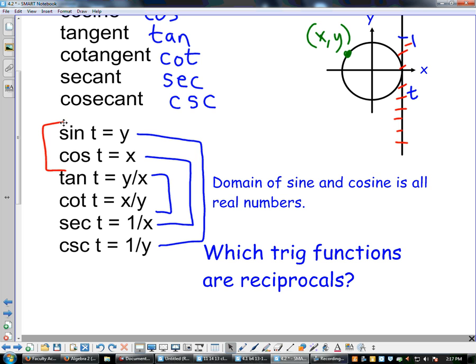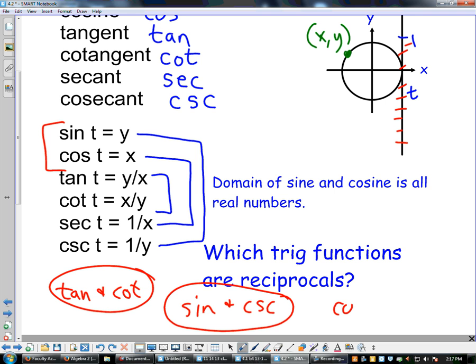So we said tangent and cotangent are reciprocals. Sine and cosecant are reciprocals, and cosine and secant are reciprocals.